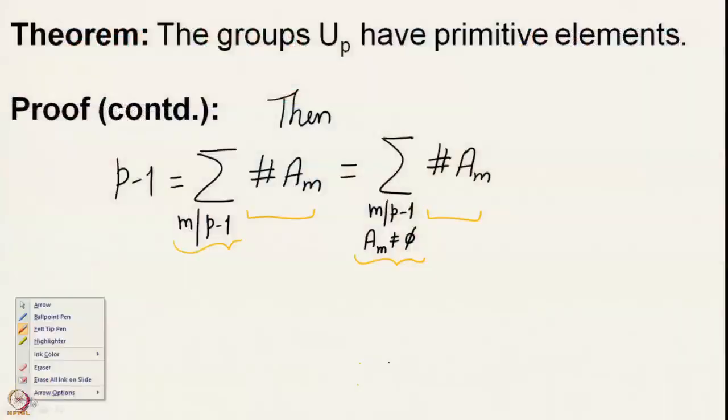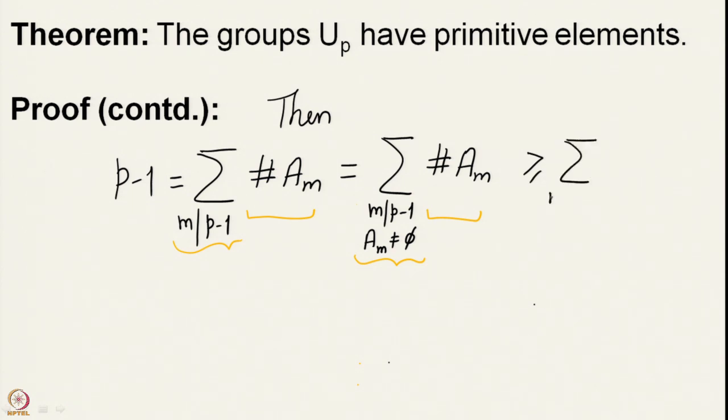That tells us that we have this equality, and this is now bigger than or equal to the summation over m dividing p minus 1 of phi(m), of course with the condition that A_m is non-empty.